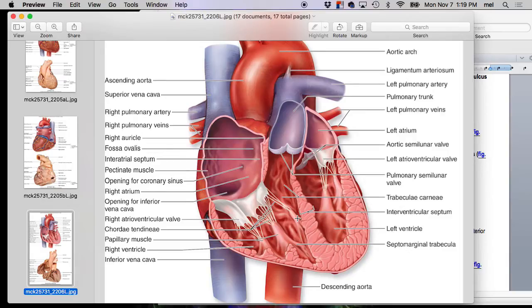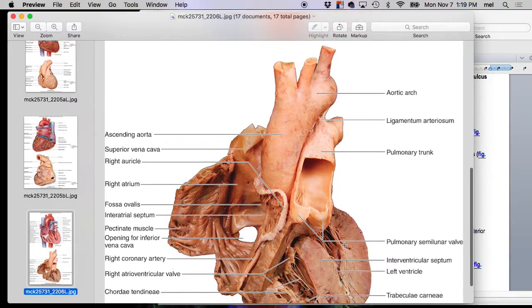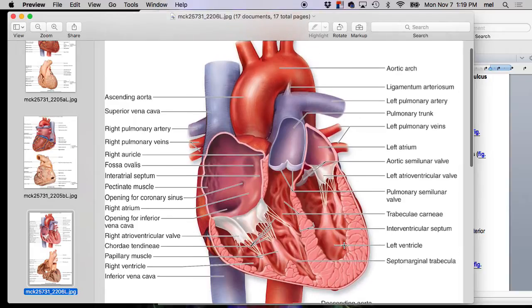First off, if you have a colorized model or an image, you can use that to help you. But of course, when you're looking at an actual specimen, it's not going to be colorized, so you can't depend on it exclusively. So first thing, remind me, we talked about this last time: the entire right heart has what? Oxygenated or deoxygenated blood in it?